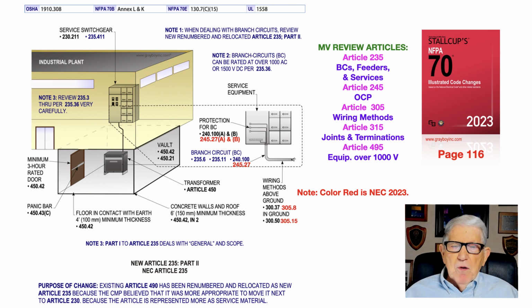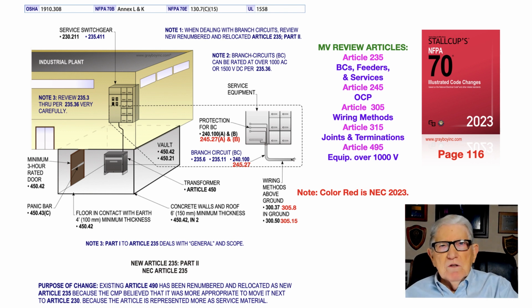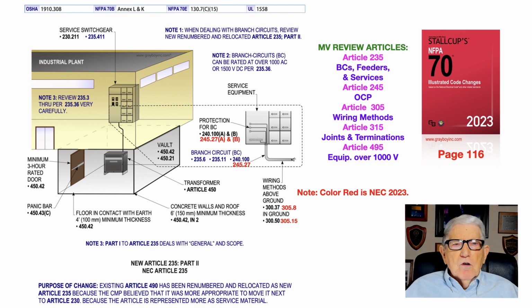Now, the main purpose of the change was just to relocate the Article 490, renumber it, relocate it, provide some other type of information in it, but keep it related to the equipment that we select, and then select the components that we need that would go in this equipment, such as Article 245 for overcurrent protection that we would use in the equipment over 1,000 volts, Article 495.